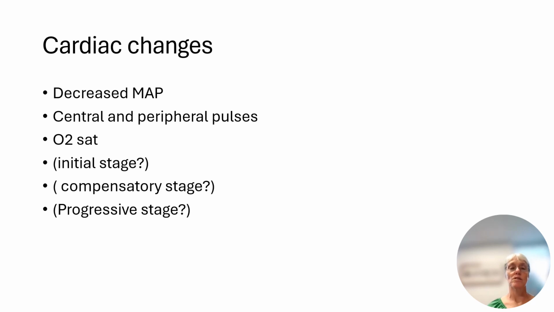You're going to see changes in the blood pressure, starting in the compensatory stage primarily. Remember, in the initial stage, all you may see is that the diastolic blood pressure goes up just a little bit. In the compensatory stage, you're going to see a narrower pulse pressure as the diastolic gets closer to the systolic.